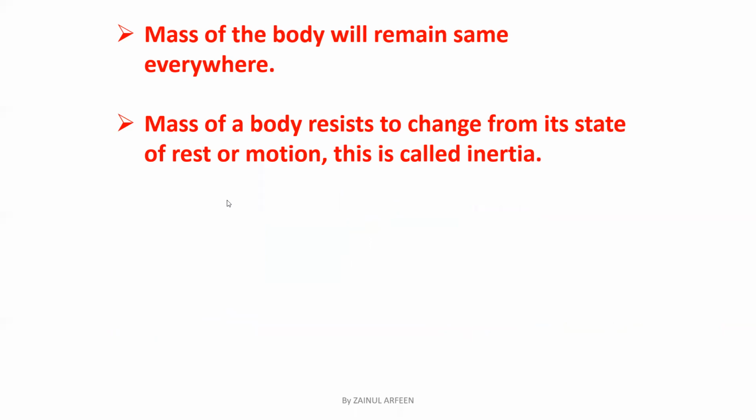And the mass of a body resists the change in state from rest or motion, and we call that inertia. Basically, the definition of inertia is the property of a body to resist the change in state.